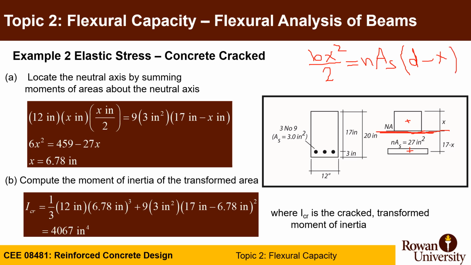So if you plug in those numbers, b you know it's 12, x is unknown, times x over 2, equal 27, which is nAs, multiplied by 17 minus x, which is d minus x. Rearrange this equation and solve for x. x will be 6.78 inches.